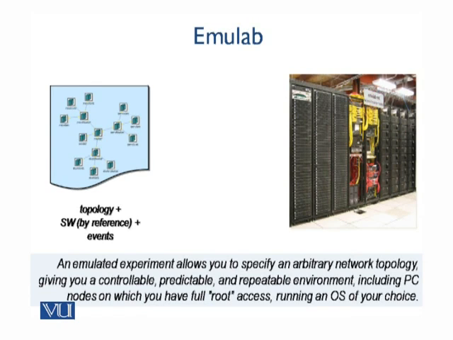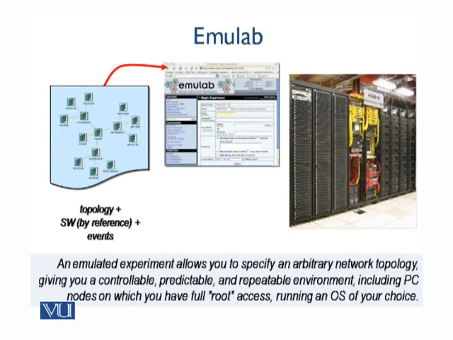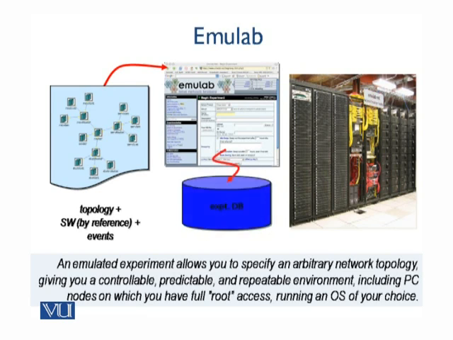On the screen now, you can see how topology is specified through a graphical user interface, and then you can specify using a variant of the NS2 language. In that syntax, you can define your topology and your events, and then you can create an experiment using the EmuLab interface, and then that is transformed to physical nodes through particular techniques developed in the EmuLab software.